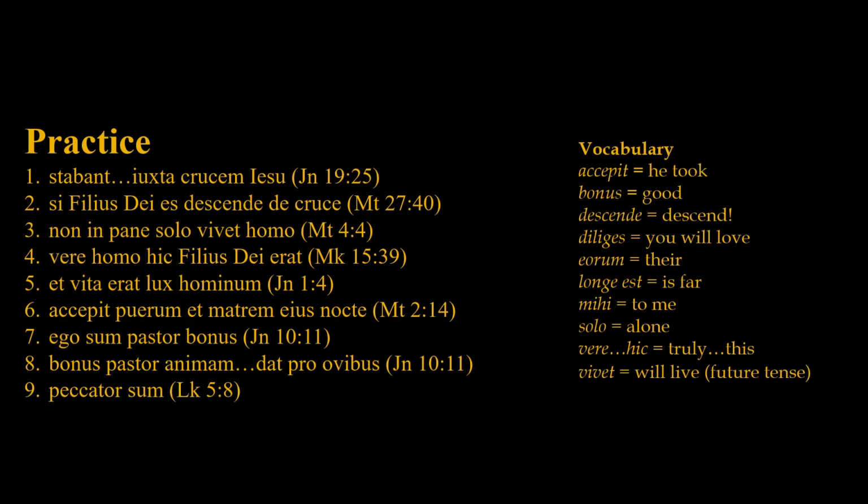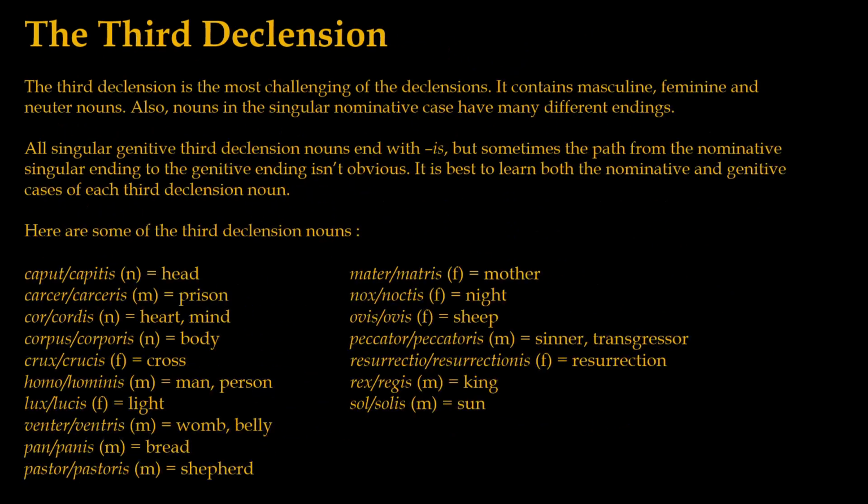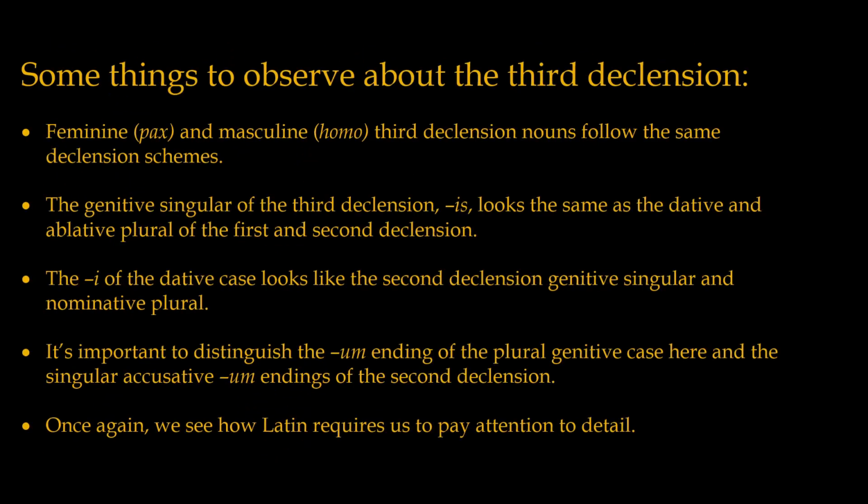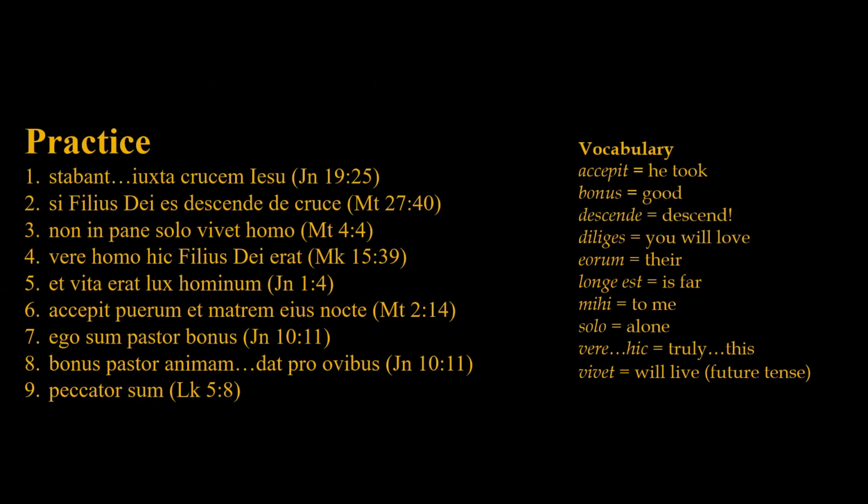Okay, well let's go back and look at this. Third down on the top right, ovis, so sheep. And then we have that ibus ending, okay, ibus ending, which could be the dative plural or the ablative plural. But we have that preposition in front of it, pro ovibus.